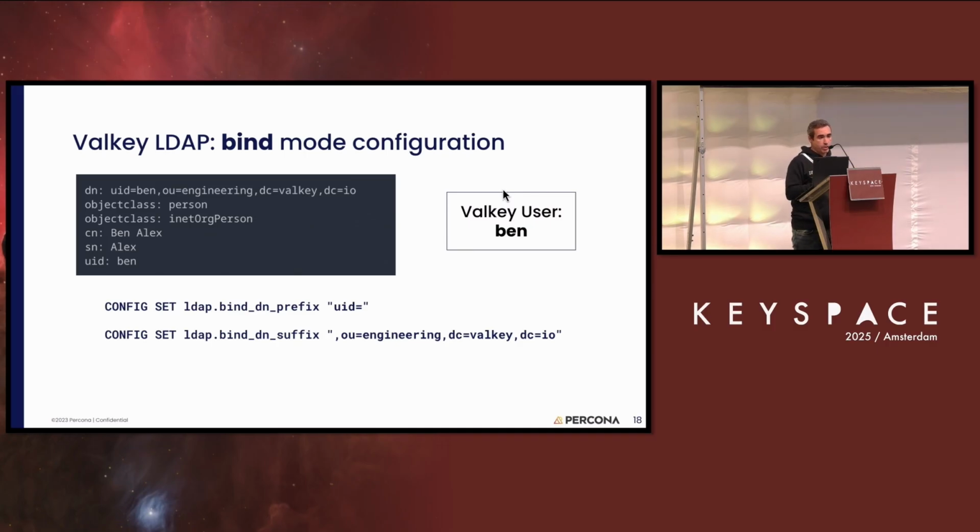We configure the prefix of the distinguished name and the suffix. And what the valkey-ldap module will do is take the prefix, concatenate it to Ben, the user passed to auth, and then concatenate the suffix. And it will use this string to authenticate against the LDAP server.